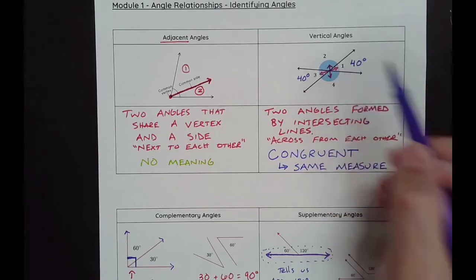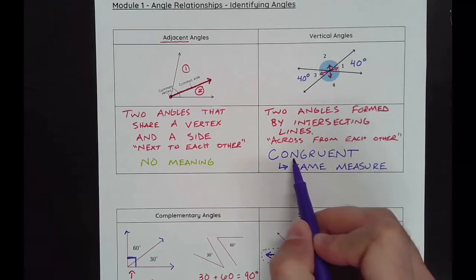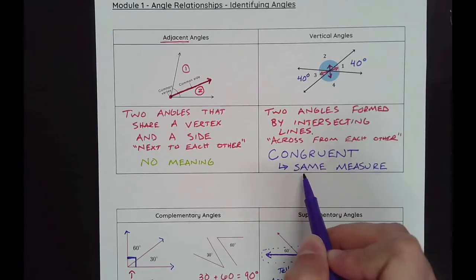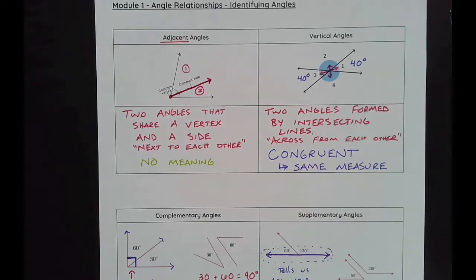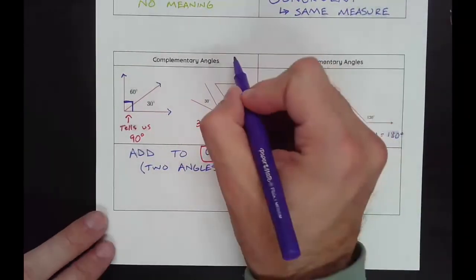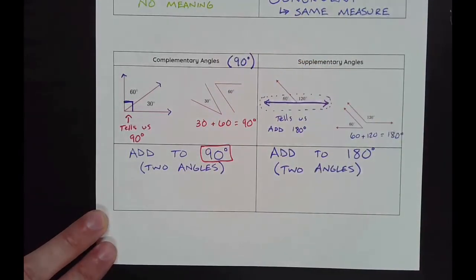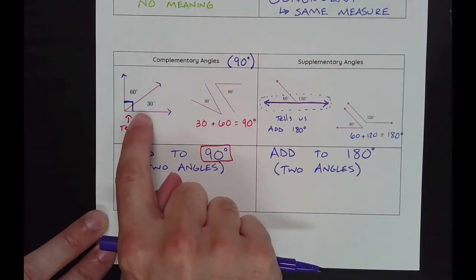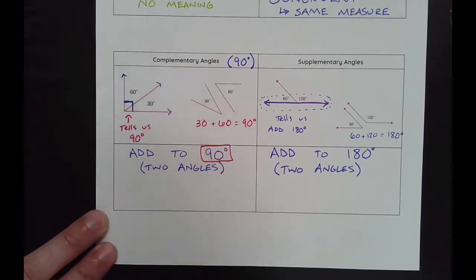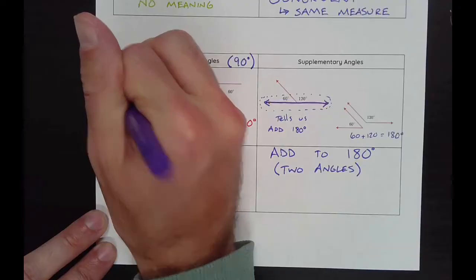And they share this significance mathematically that they're congruent, meaning they have the same measurement. Complementary angles, those are 2 angles that add to 90 degrees, either adjacent or non-adjacent, looking for that 90-degree marking.